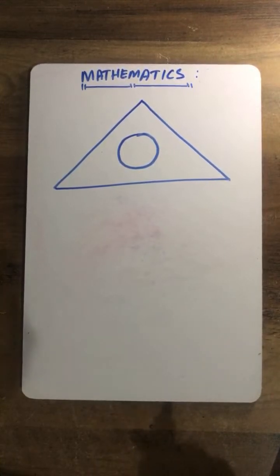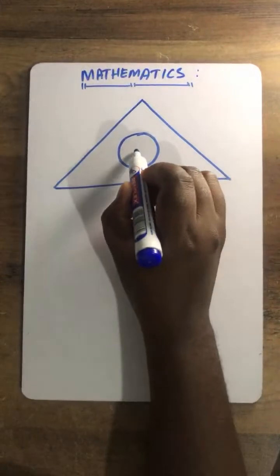Determine the area of the shaded region if the radius of the circle is 9.